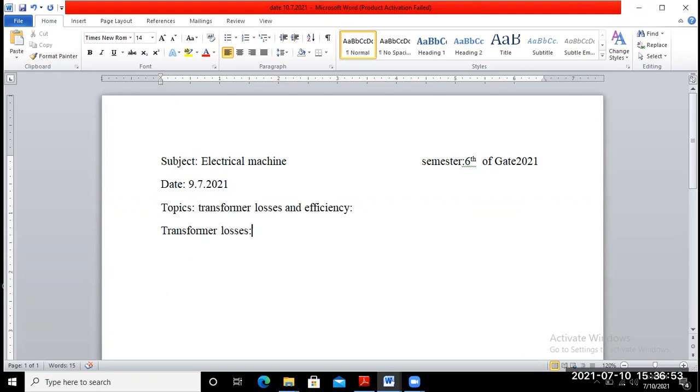One is your core losses and the second one is your ohmic losses. Some other losses are stray load losses and dielectric losses. Okay, so that is very small.